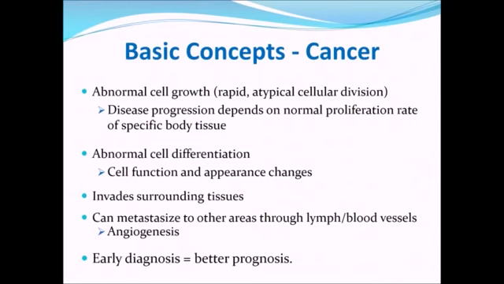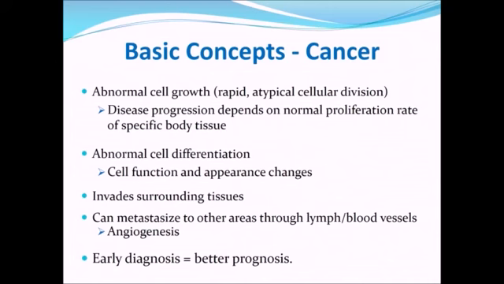Now with cancer, you have abnormal cell growth. Again, as I mentioned before, cells have a predetermined life cycle. They know when they're supposed to reproduce, they know what they're supposed to do. But with cancer cells, you have this abnormal cell growth. So you have a very rapid and atypical cellular division. It happens much more quickly than it was supposed to.